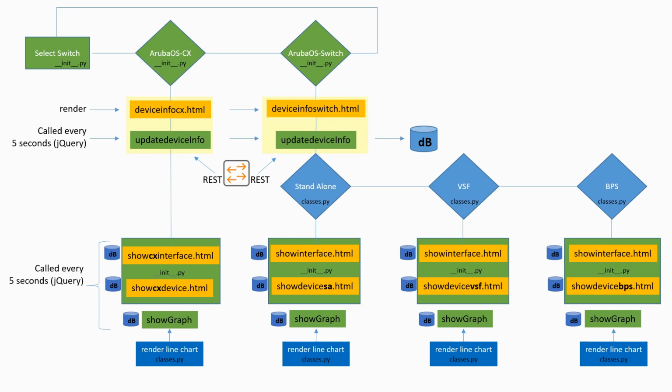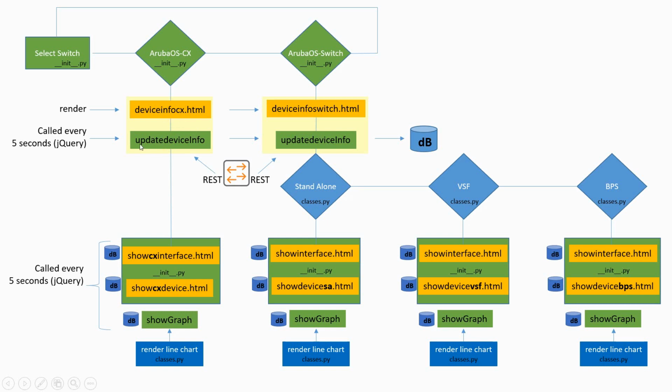Let's start from the top. Based on the selected switch, whether it's arubaos-cx or arubaos-switch, the app will either render the device info CX page or the device info switch HTML page. So these pages are called from the init.py.